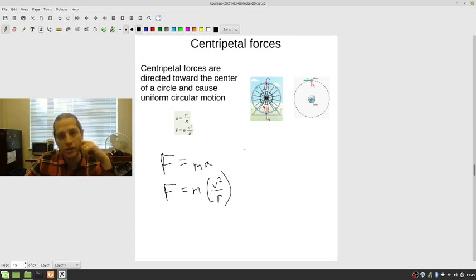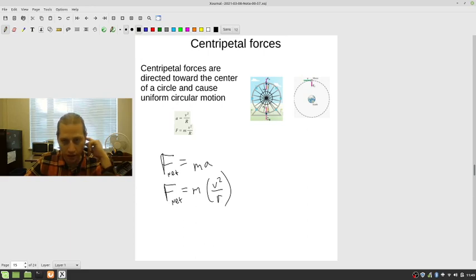And of course, it has to be a net force. That means that centripetal force is not a new type of force. It's just a way that forces are acting so as to keep our object moving in a circle.